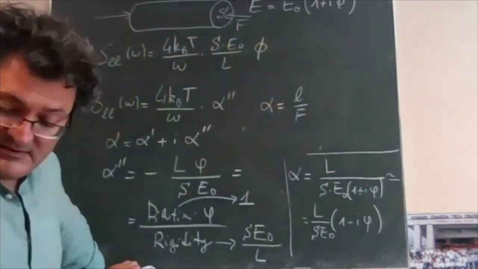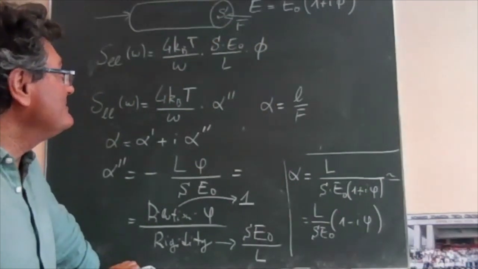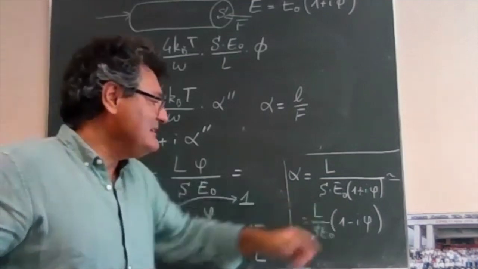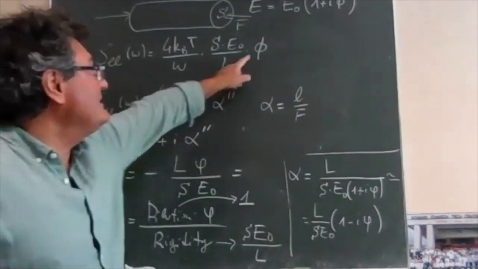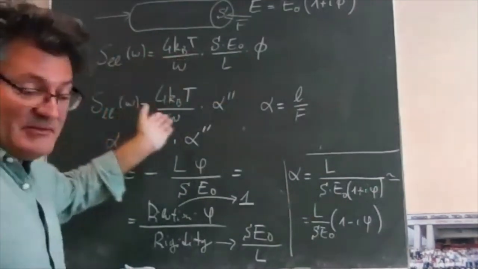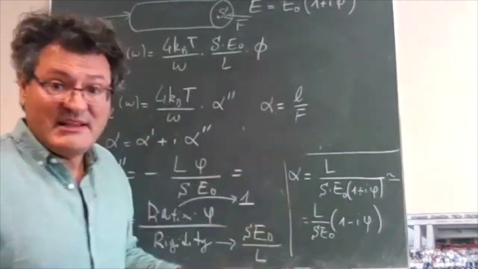Now, there is a little detail here, which is the sign, okay? Here you can see that the sign is negative, so it should be there, a negative. With negative, this is kind of problematic unless the loss angle is negative.